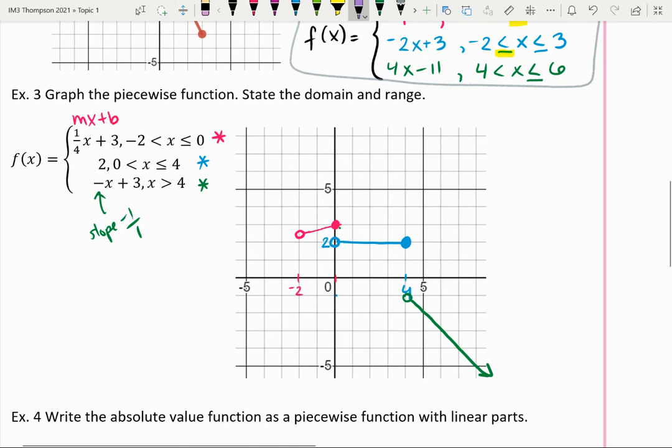Now let's talk about domain and range. So some unique things happen here. When I look at domain, the x values, if I take this and smash it on the x-axis, it comes down. So I hit negative 2.